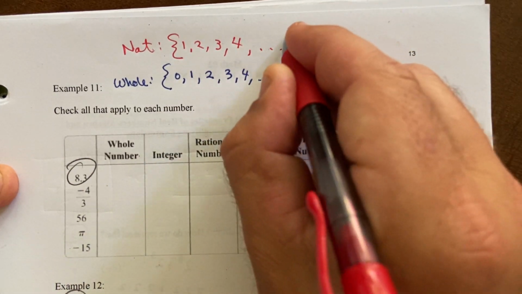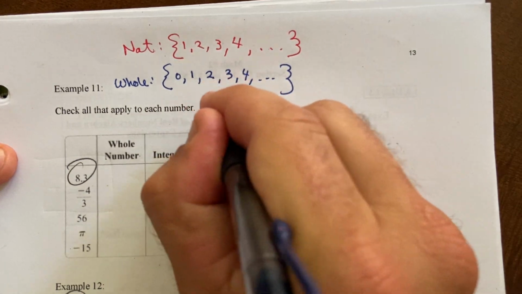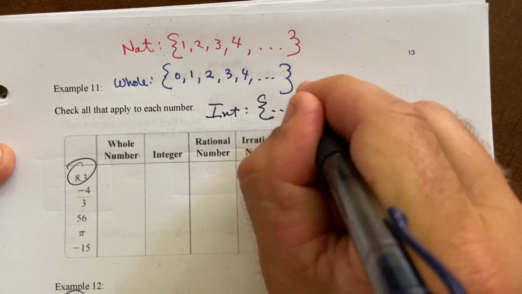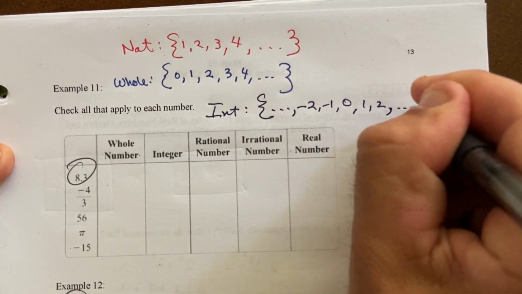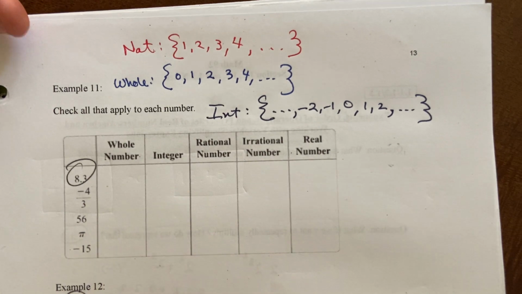The whole numbers just add in 0. And then the integers I'll write down here. These are the ones that extend into the negative side. So that's why I'm saying 8.3 is not a whole number, not an integer either.